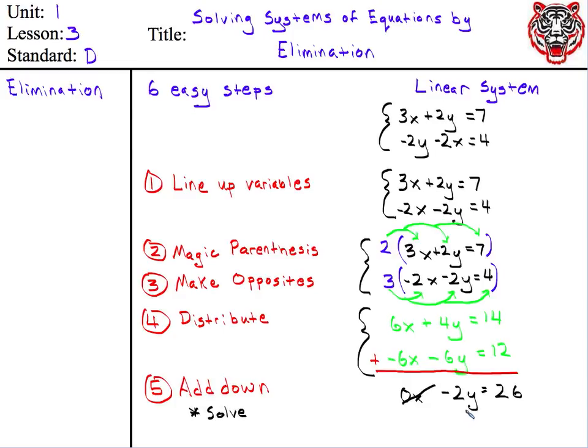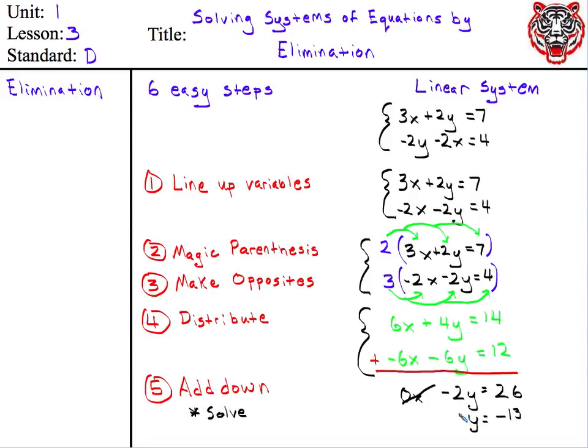So when I solve this, I divide both sides by negative 2 and I get y equals negative 13. I feel like I've made an error in here. Have I made an error somewhere? Maybe it's just me being paranoid. All right, so moving down, we have y equals 13.